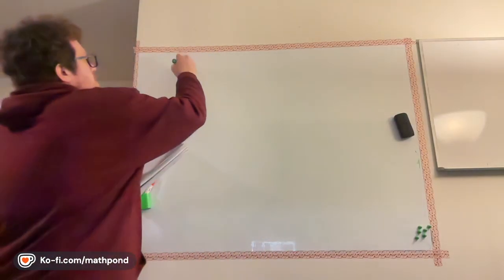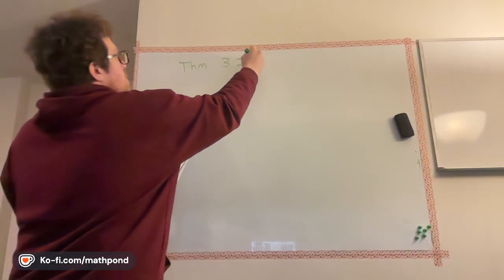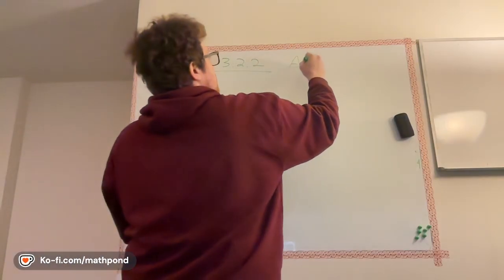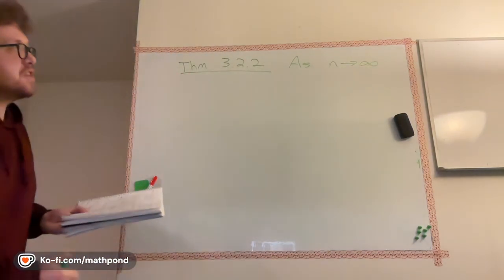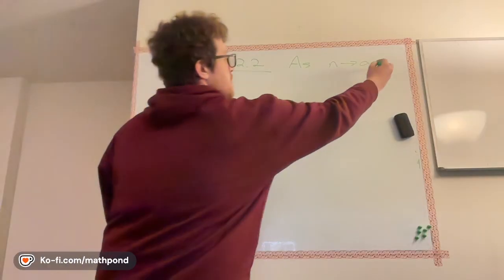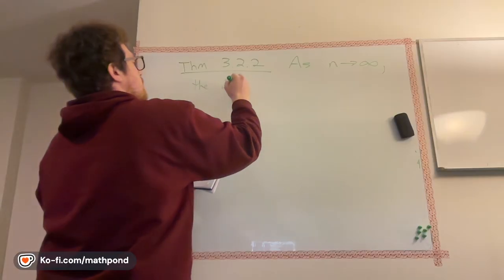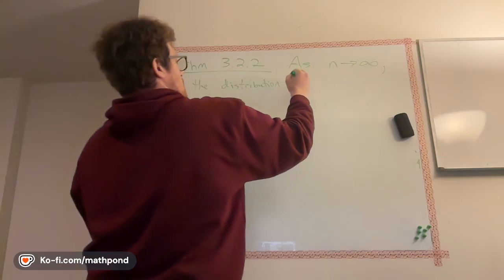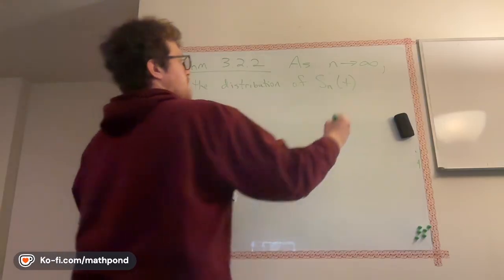So this is theorem 3.2.2. And it says, as n goes to infinity, as the number of periods in our multi-period model gets larger and larger, the distribution of Sn of t converges.